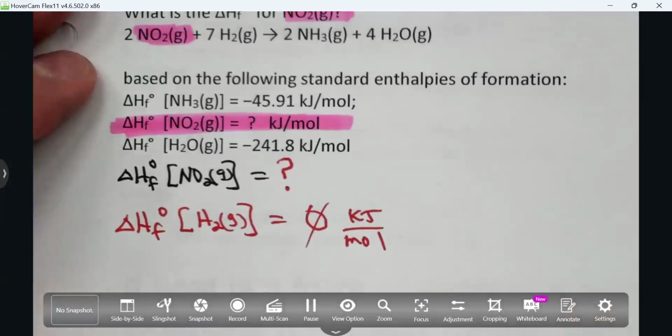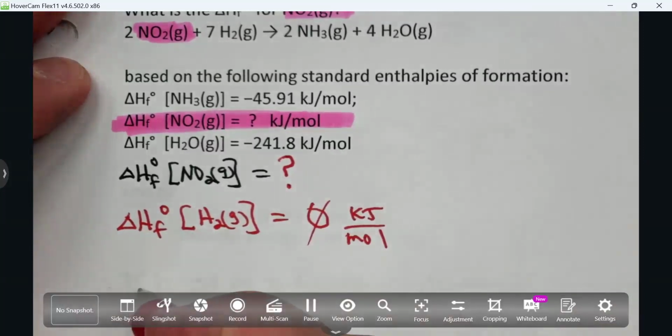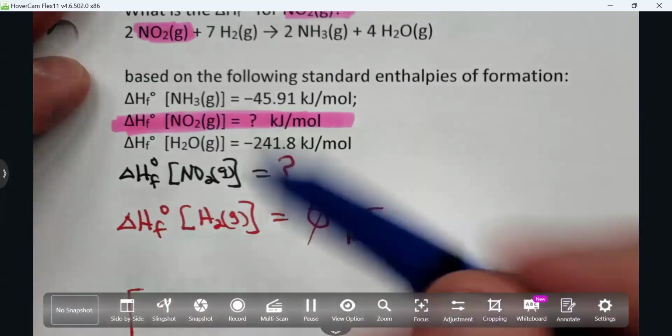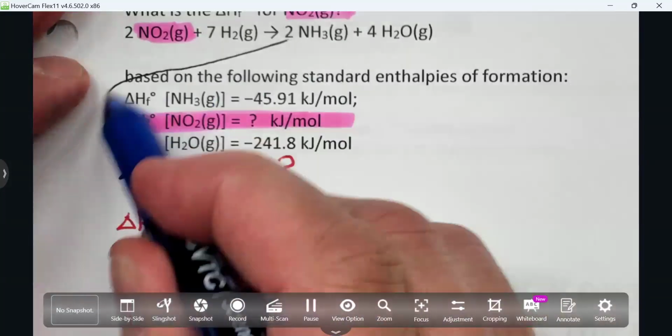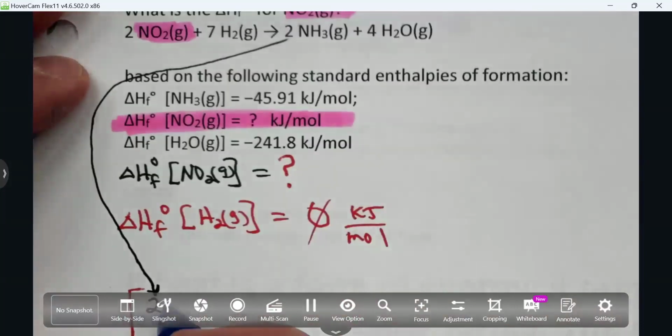Okay, let's see what we've got here. Same thing. I'm going to put a bracket here. Add my products. Two mole of NH3 gas.